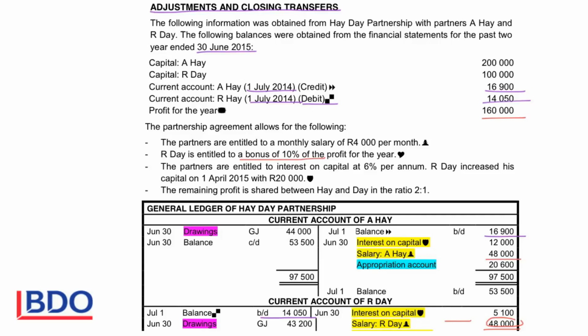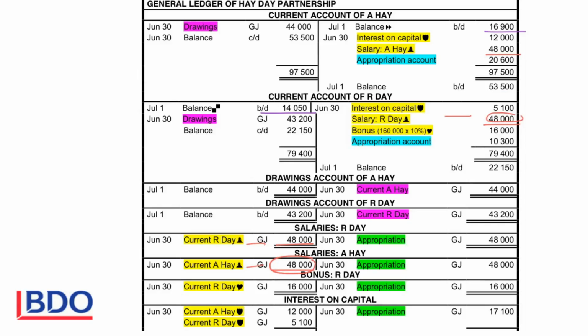So I must complete the adjustment to create an expense for bonus and show that we will credit the account of our Day with the 16,000 Rand. Therefore, we will debit the bonus account of our Day with 16,000, and we will credit the current account with 16,000 to indicate that we owe the money to him and we created an expense.